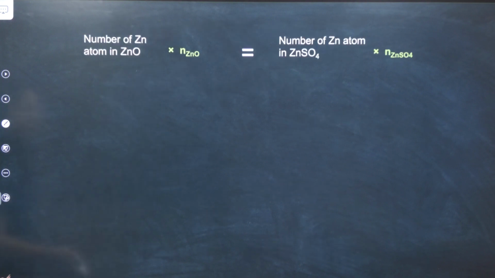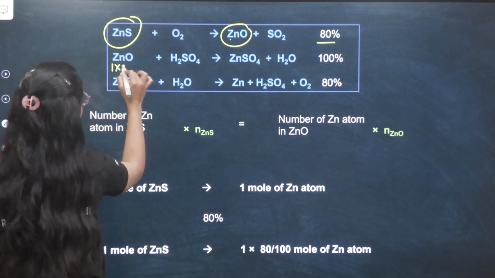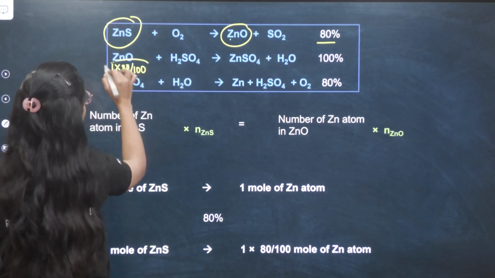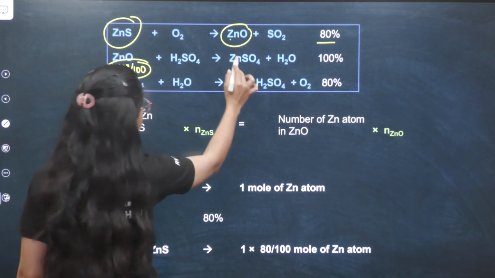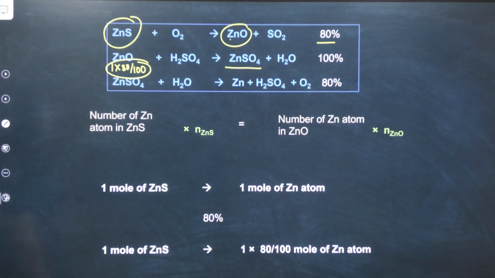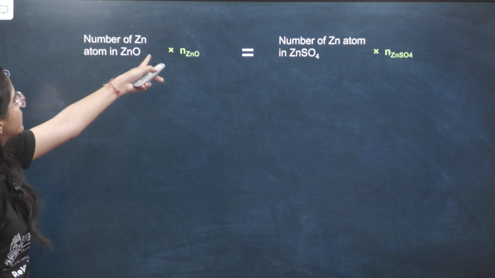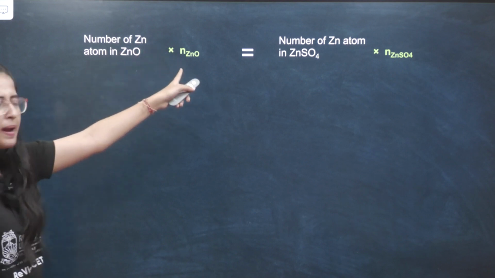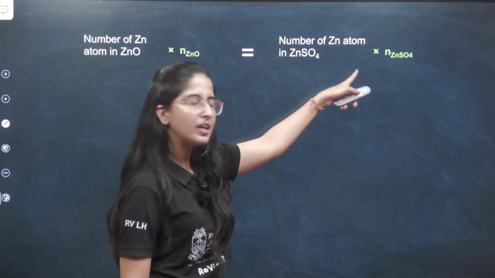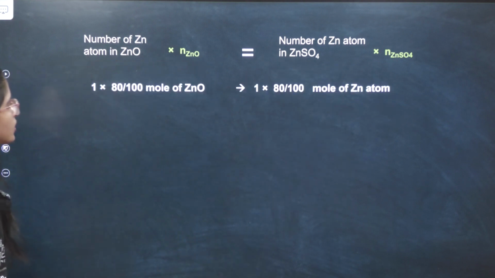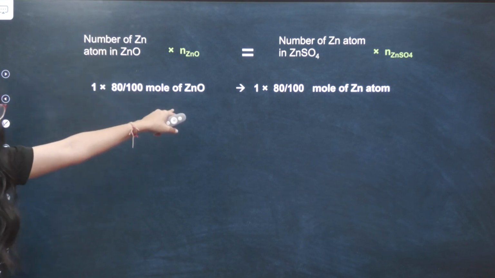What will you do here? See, here you got 1 into 80 divided by 100 moles of zinc. Understood? Then this reaction gives rise to ZnSO4 and it is 100% yield. So what might you expect? Number of zinc atoms in ZnO multiplied by the number of moles of ZnO equals the number of zinc atoms in ZnSO4 multiplied by the moles of ZnSO4.